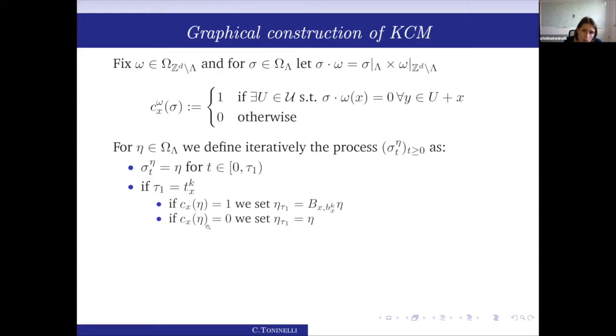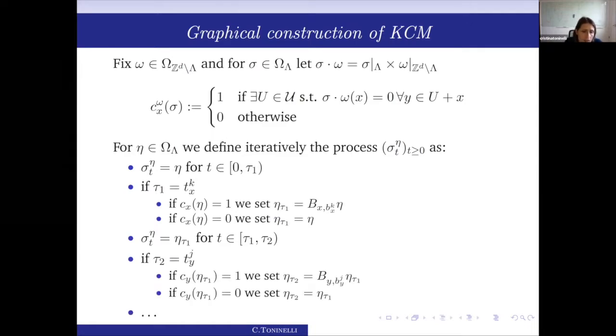If instead the constraint is not satisfied, so if this function is 0, I don't update and I keep the same configuration, the one that I had at the beginning. And I proceed iteratively. I go to the next clock ring. Up to that time, I preserve the same configuration. Then at tau2, I check which site has the clock that rings. If the constraint is satisfied, I update it by setting a new variable, which is dictated by the coin toss at that time on that site, etc., etc.